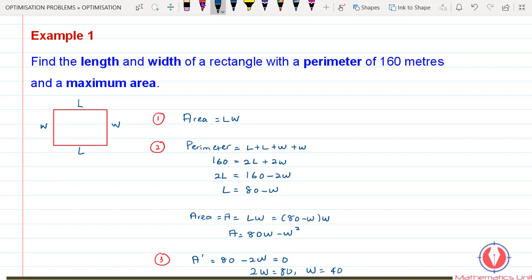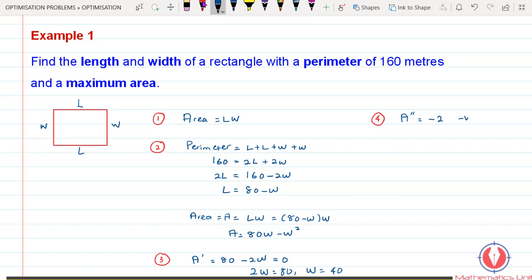Now we get the value of W here. We want to know whether this dimension will produce a maximum area. So in that case, we need to go to the fourth step, that is to take the second derivative of A. Why? Because we want to know whether this W will produce the maximum area. So what is A double prime? That is minus 2.